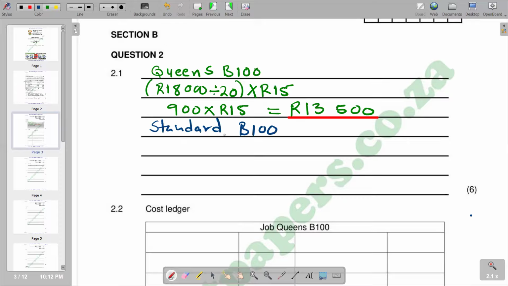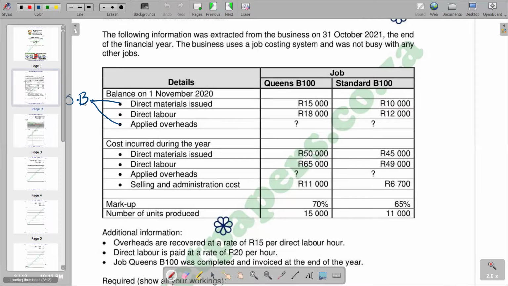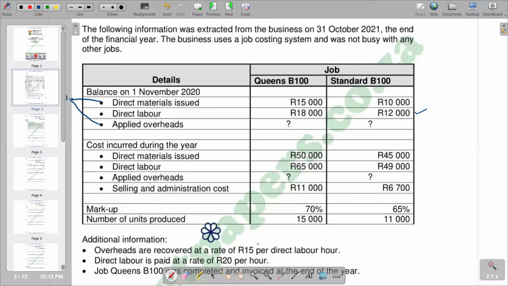Then beneath that, we use the same approach, whereby now we say 12,000 as our direct labor for Standard B100. Then we divide by the direct labor rate, which is 20 rand. The answer that we get is the number of hours, and we multiply by 15 rand, which is the overhead recovery rate.